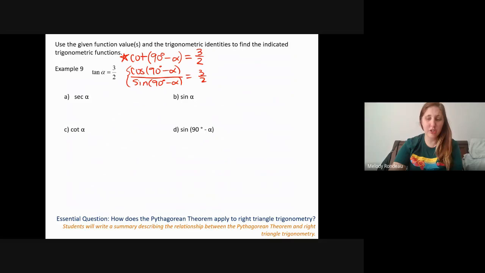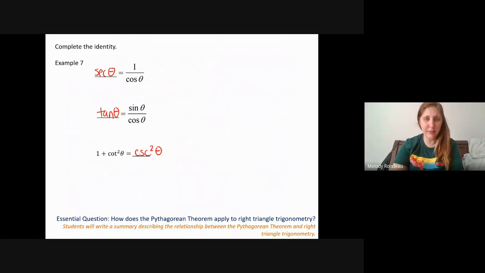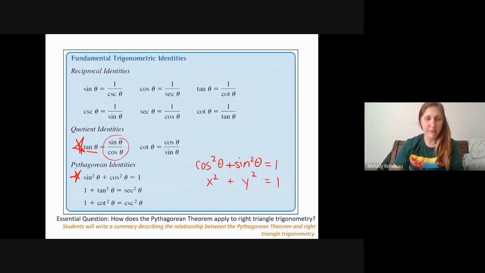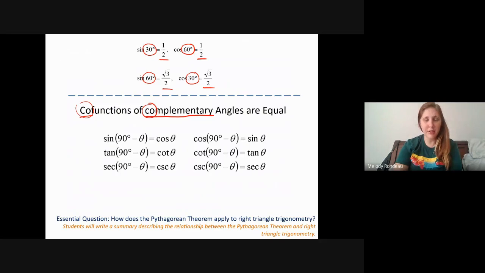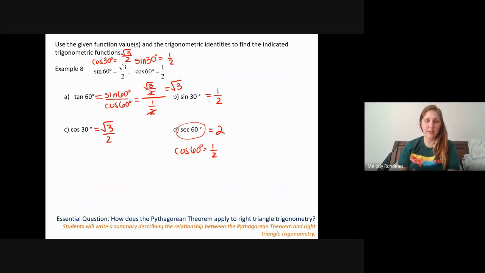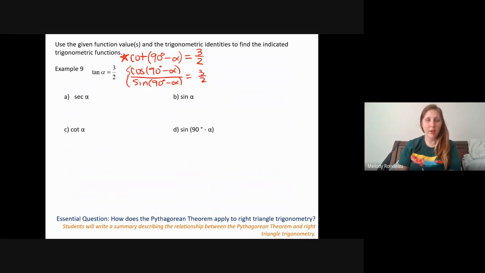And again, I'm going to show you where I got that. I didn't just make that up. That comes from right here. Cotangent is cosine over sine. So I'm using lots of different identities to help me out here. Okay, if I look at it that way, then I can maybe do some more work. I'm just playing with the stuff that I got.